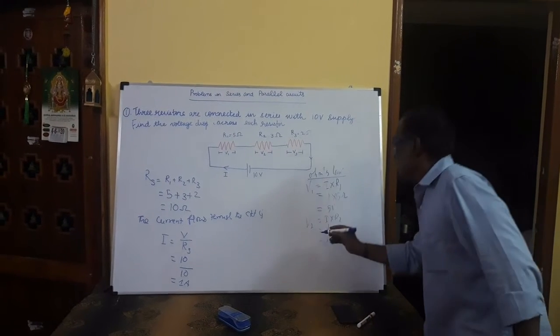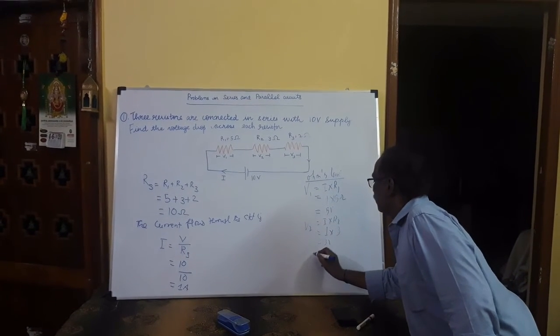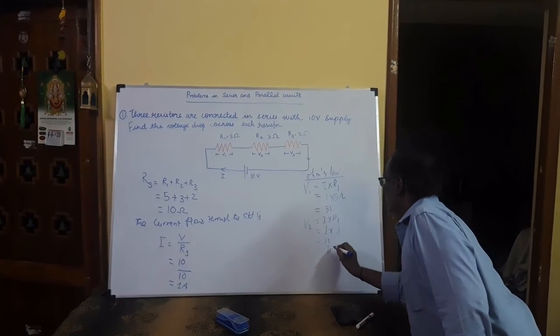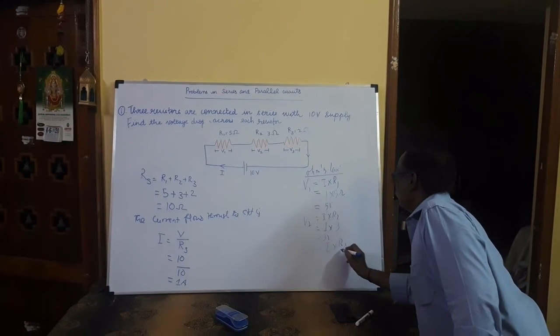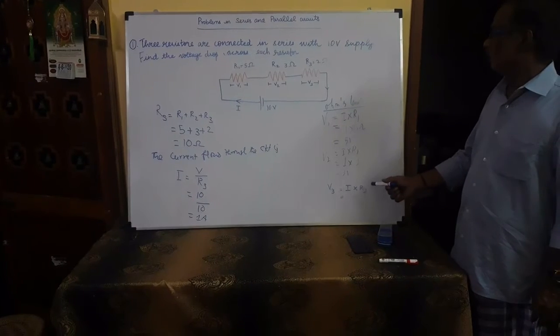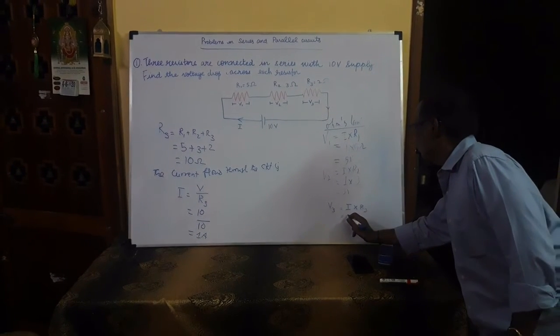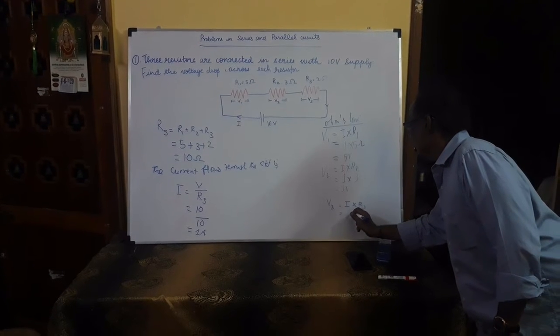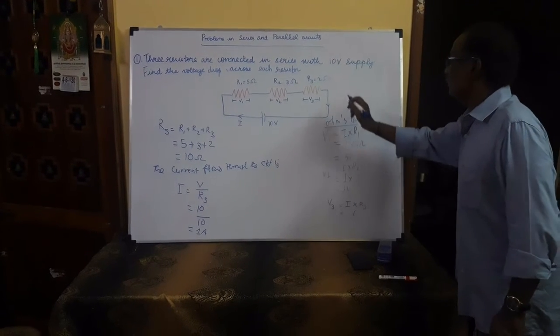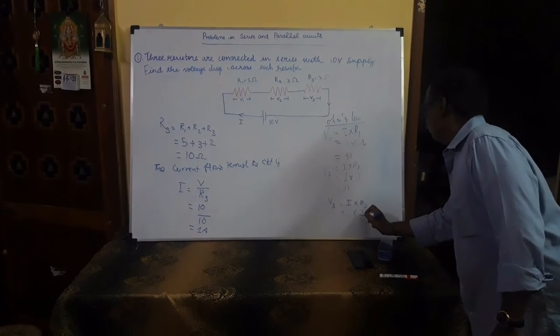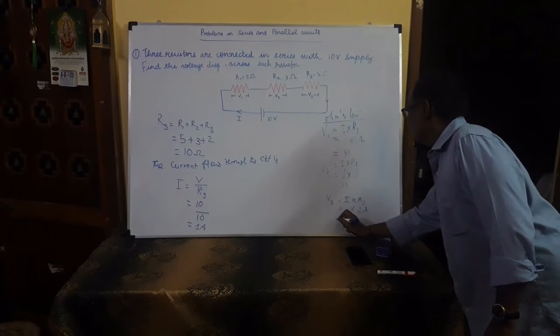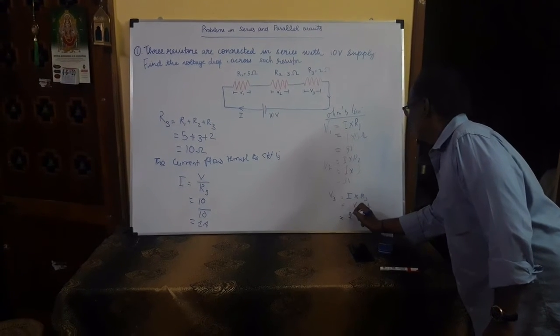Similarly, V3 is equal to I into R3. The I value is 1 ampere. So 1 into R3, which is 2 ohm. So the answer is 2 volt.